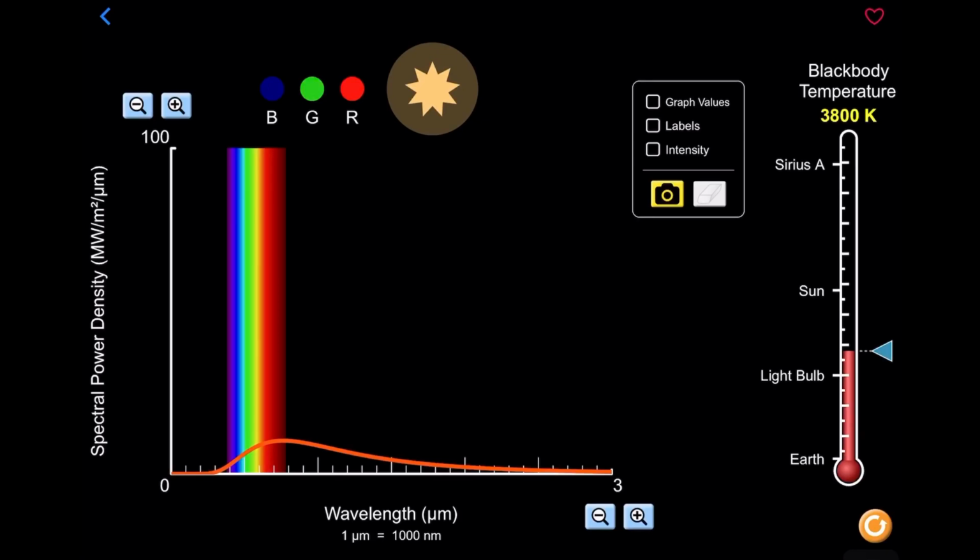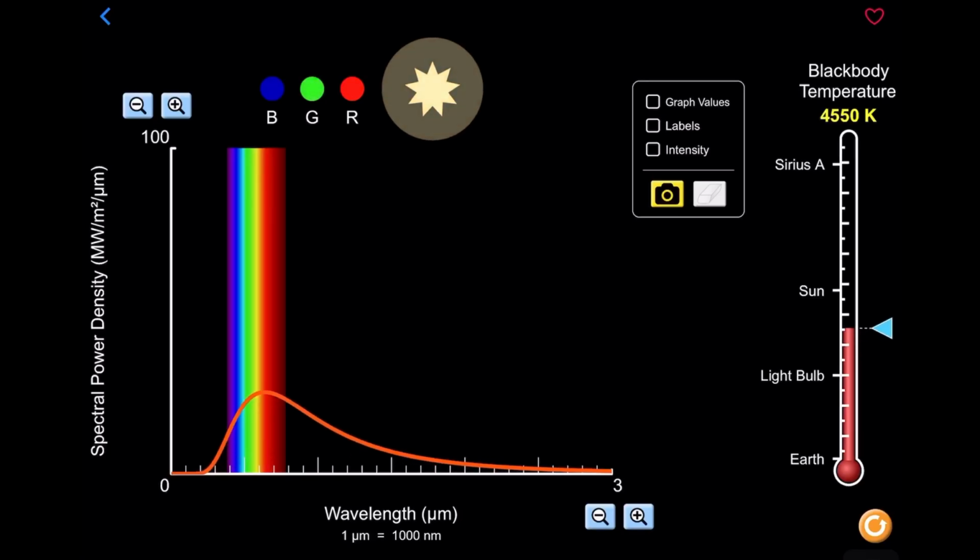This is exactly what Wien displacement law is saying: for any black body radiation, the wavelengths emitted by a particular black body, which can be a star, a light bulb, or any hot substance that emits light in the form of the electromagnetic spectrum, this theorem will work. It says that we can calculate the temperature of that black body from its wavelength.